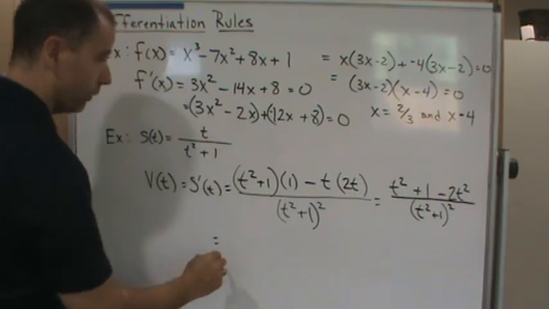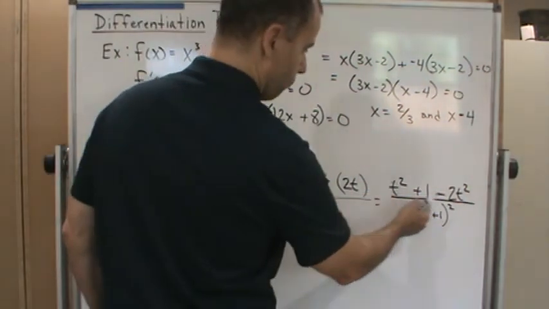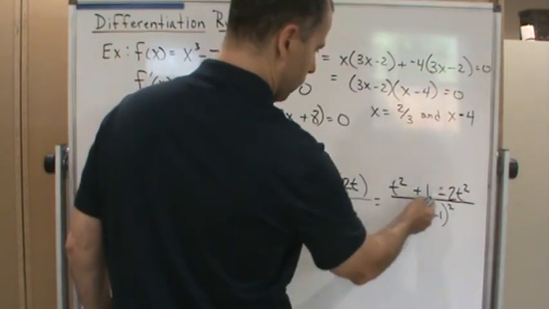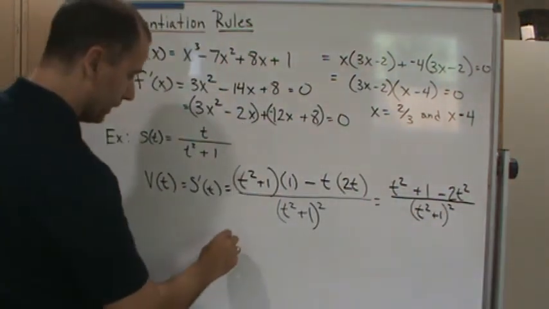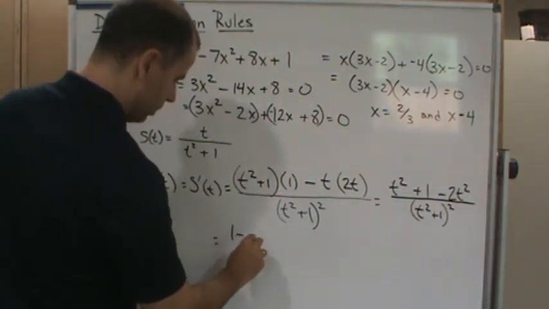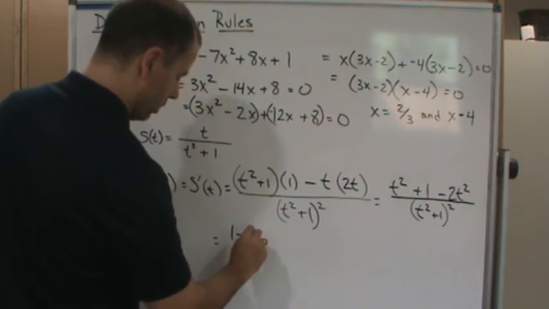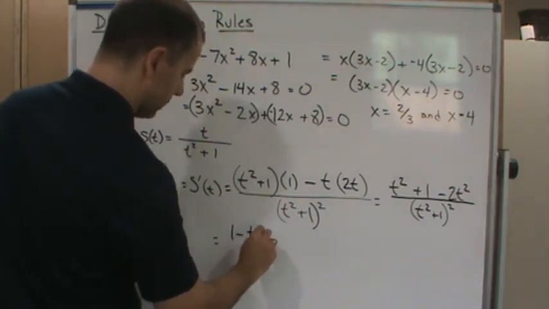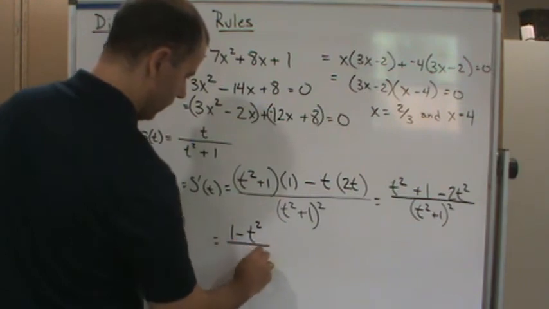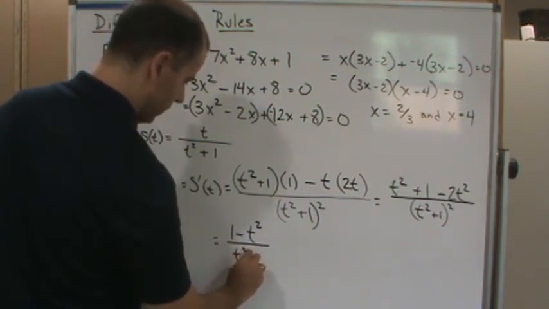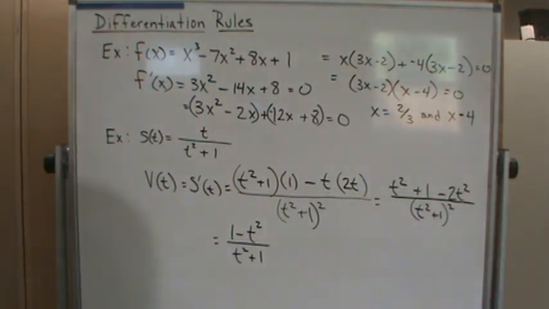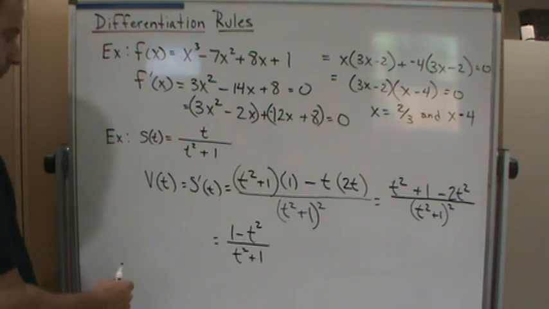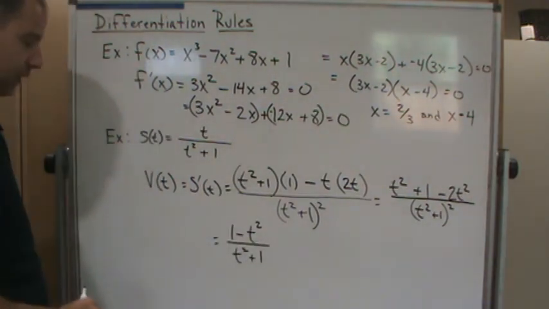And now I can subtract these two. So t squared minus 2t squared is going to give me 1 minus t squared over t squared plus 1 quantity squared. So now this is the function for instantaneous velocity.